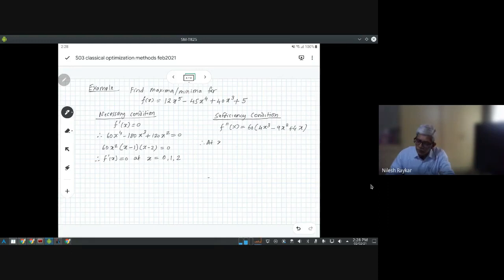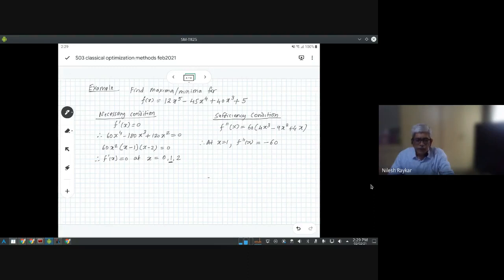Therefore at x equal to 1, so that is one of the points, f double dash x, if we calculate, is minus 60. So at x equal to 1, the first derivative is 0 and the second derivative is negative.